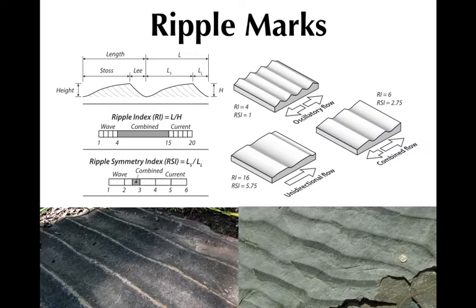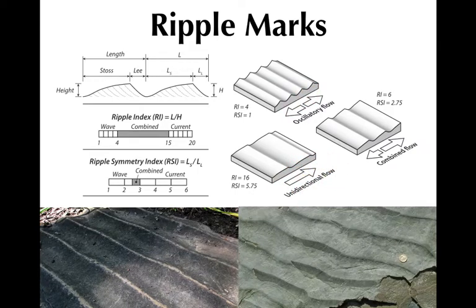In a river, you have a unidirectional flow. The current's only going one way, and that produces a slightly different type of ripple. And there are two measurements that you can make on the form of ripples that'll help guide your decision as to whether the ripples you're looking at were produced under oscillatory currents or unidirectional currents.